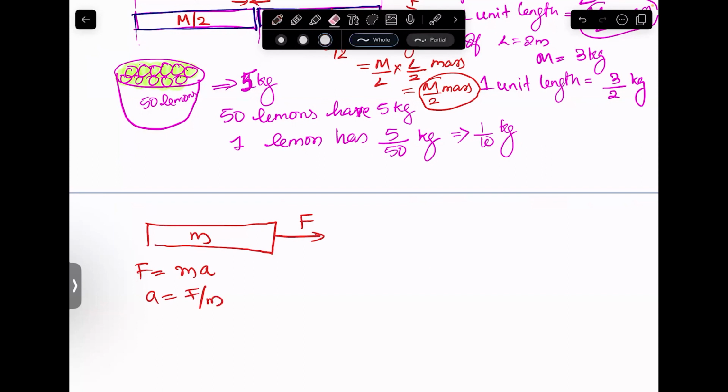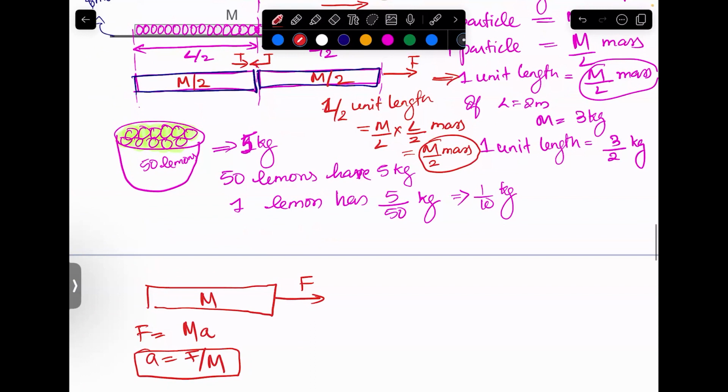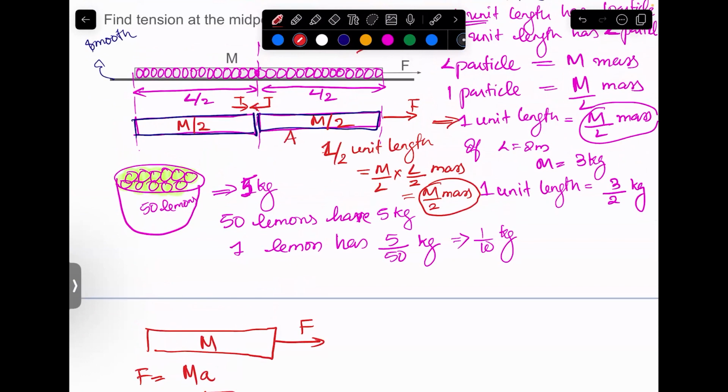Sorry, you were using capital M, right? So you will take capital M here so that the confusion is not there. F by M is the acceleration here. Now, you will take the free body diagram of the A piece and the B piece, like the two sections of the rope.